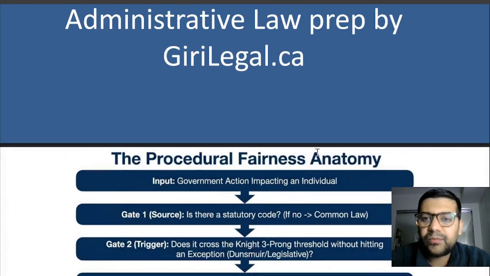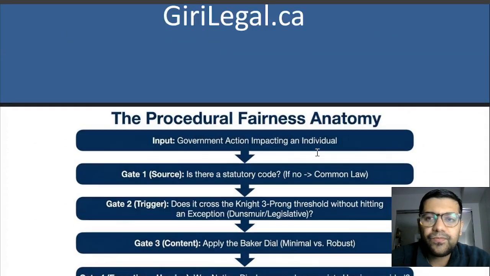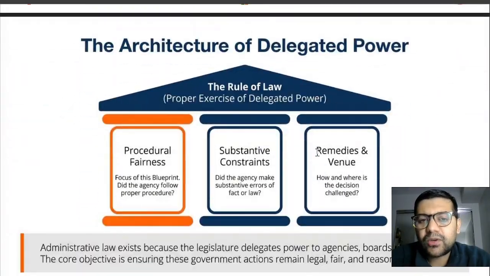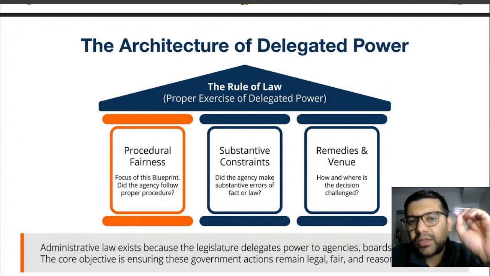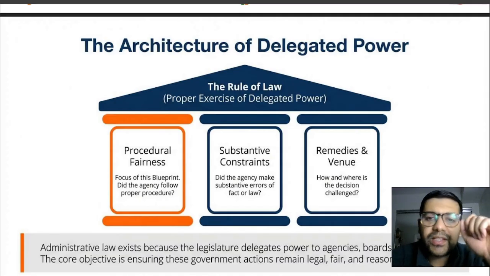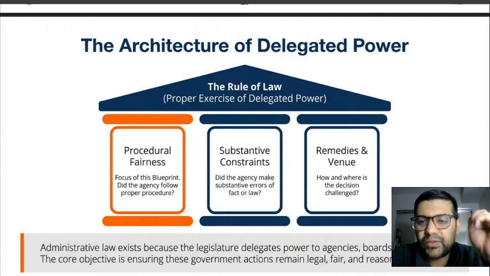Now going further, let's talk about the actual law here. There are only three pillars in administrative law. The first one is the procedural fairness, where you are more likely to get the question from.